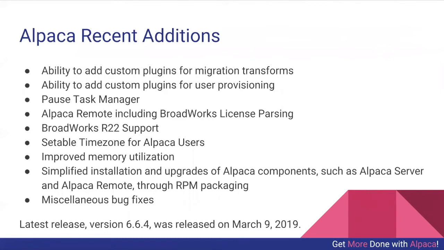And I'll show you some simple examples of those transforms, specifically the one for the time zones that I mentioned a minute ago. Similarly, we have the custom plugins for user provisioning.